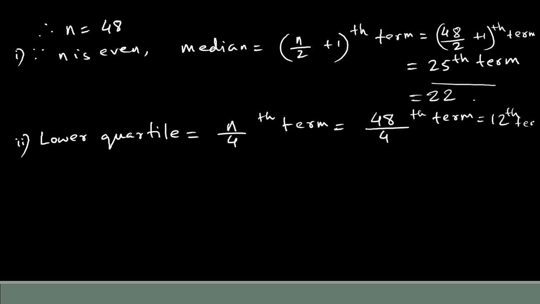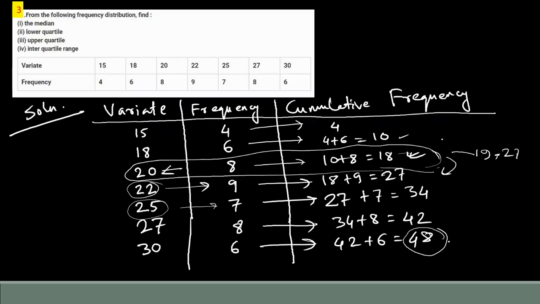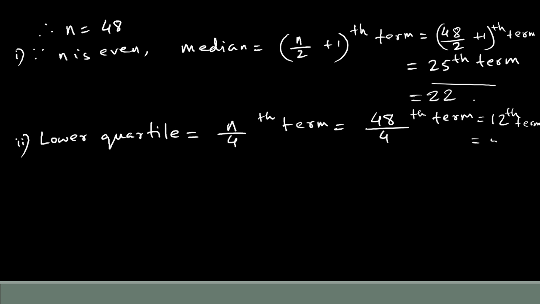You have to see what number is on the 12th term. Up till the 10th term it was 18, and from the 11th to 18th term it was 20. So our lower quartile was 20, right? Hope you are clear.